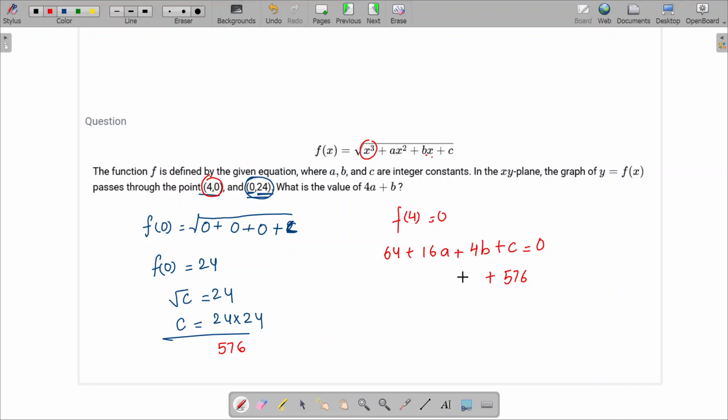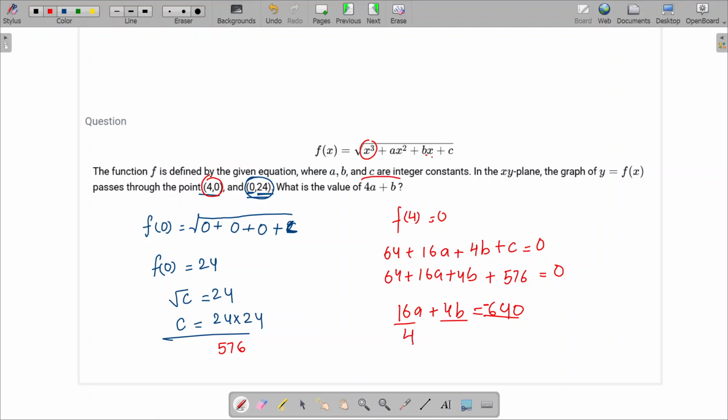And then from here, I'll solve it. I'll keep the variables on one side and take the constants to the other side. If I add 64 and 576, what am I going to get? 640, but negative 640 because now I'm transposing it to the other side. Can I divide this whole equation by 4?